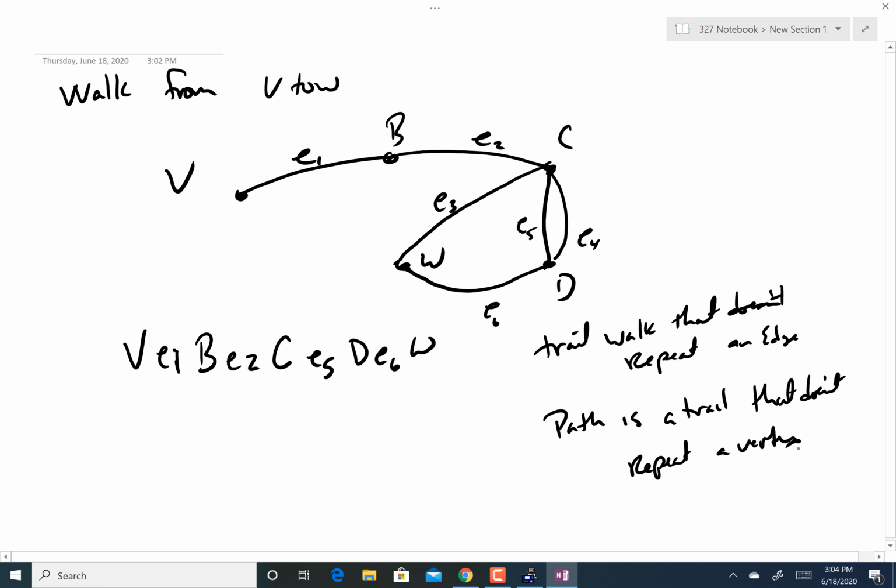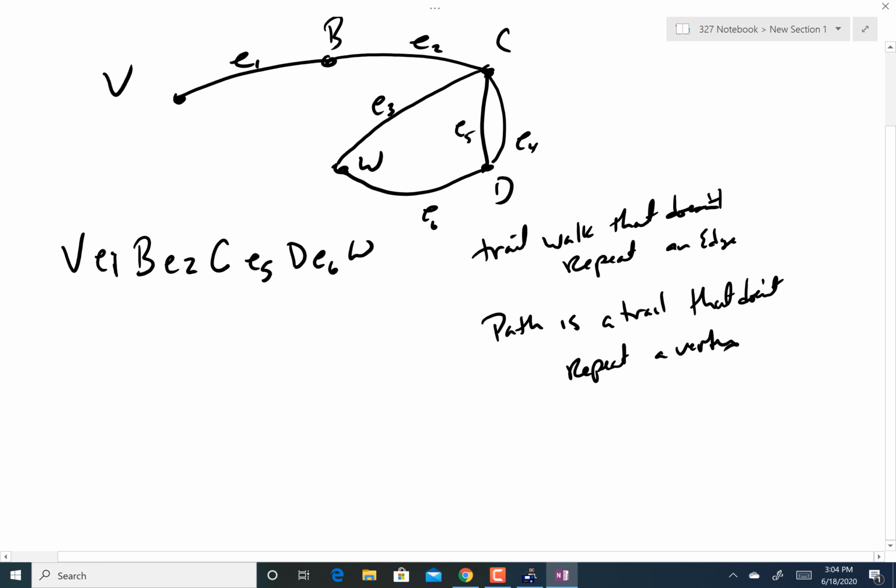Okay, and a circuit is a closed walk. A circuit is a closed walk, meaning it starts at V and finishes at V, or it starts at W and finishes at W. It's a closed walk with at least one edge and does not contain a repeated edge.